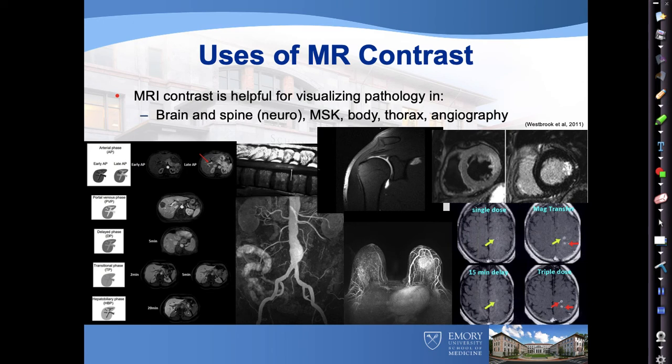With musculoskeletal imaging, contrast is used to rule out injuries such as a rotator cuff or labral tear during arthrogram studies, where contrast is injected directly into the joint space. With MR angiography, or MRA, it is used to evaluate the morphology and hemodynamics of the vascular system.